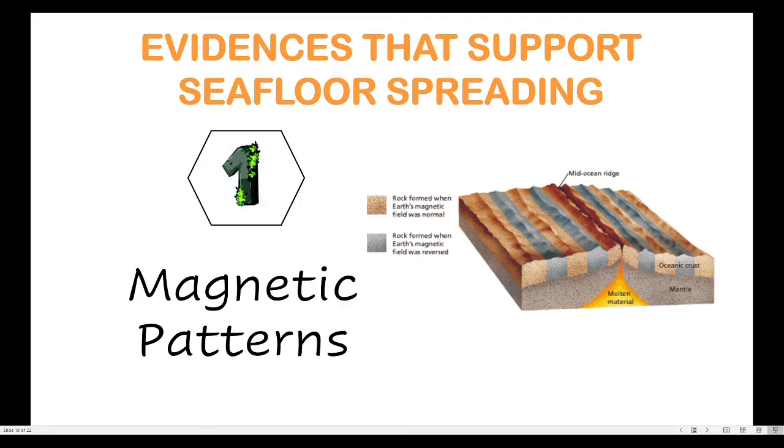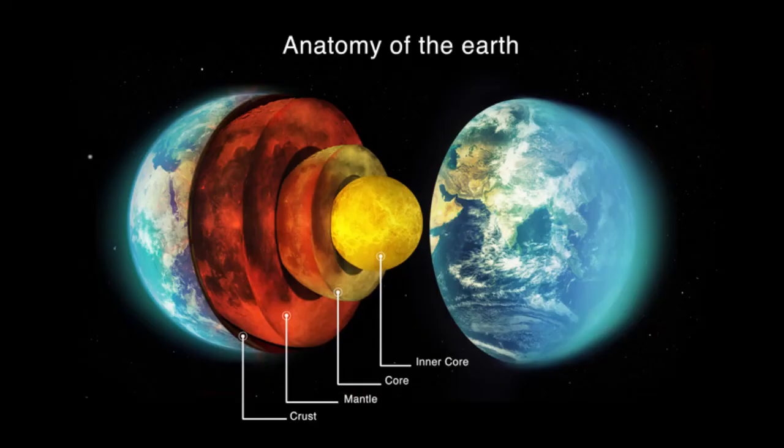When we go back to the different layers of the earth, we know that the magma is coming out from the mantle because of the heat coming from the earth's core. The interior of the earth is mostly made up of minerals, and most of these minerals are magnetic.